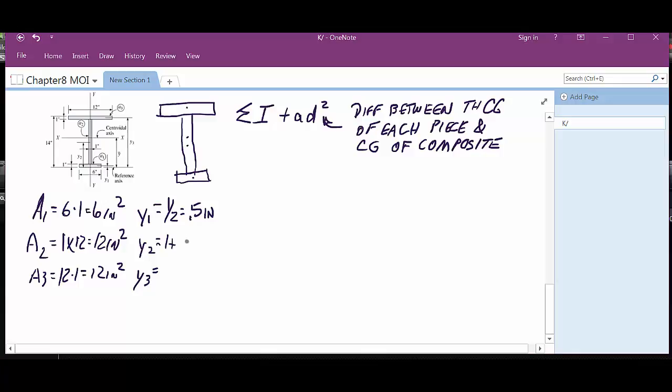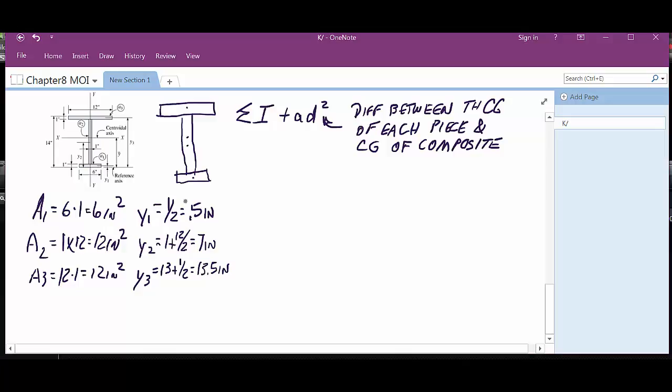This is 12 inches, so it's 12 divided by 2, which is 6, right? So 7 inches, which would be half of 14 anyway, wouldn't it? Because each of these are 1 inch, so it's somewhat symmetrical on the Y. And then finally the third one is going to be what? 13 plus 1 divided by 2, so 13.5 inches.